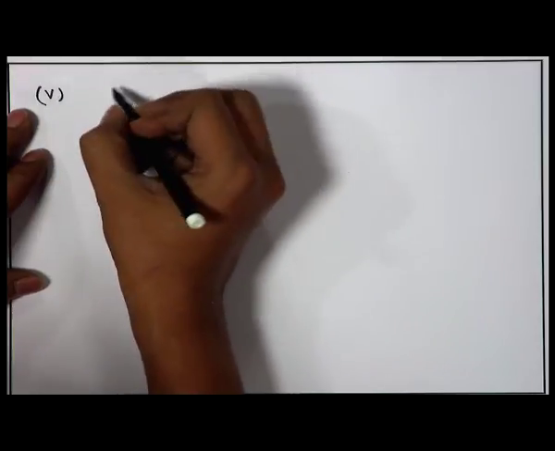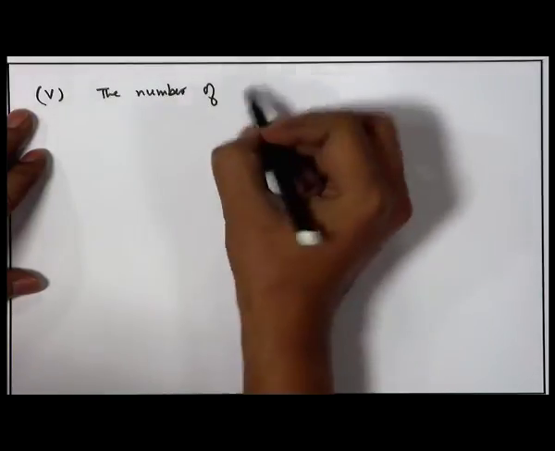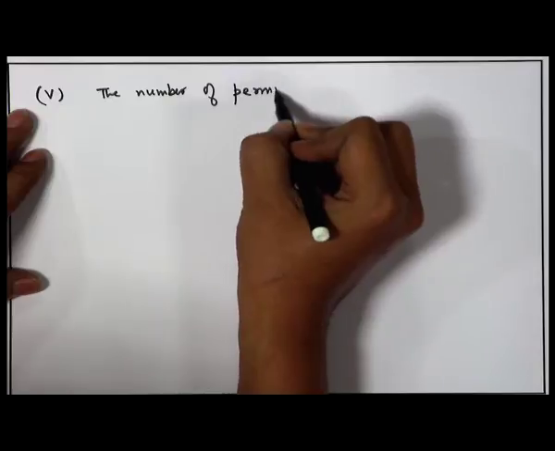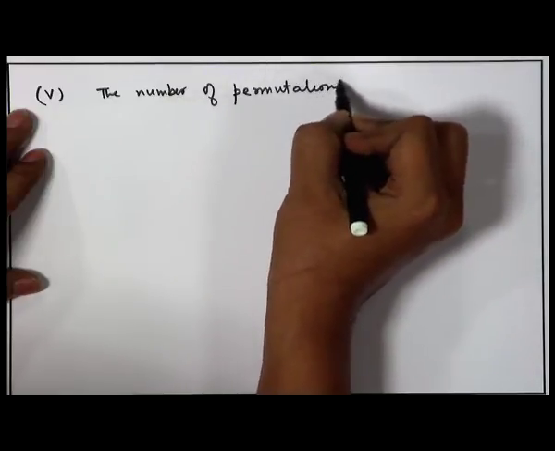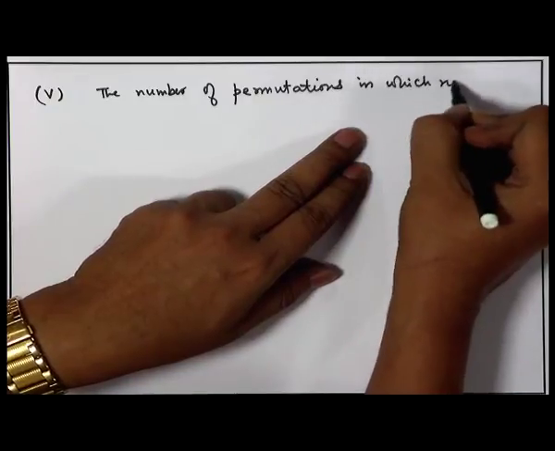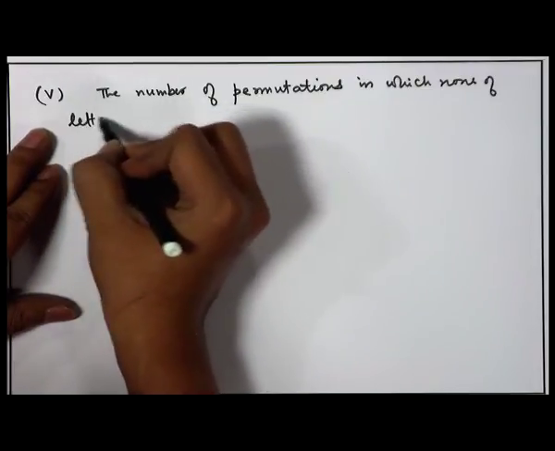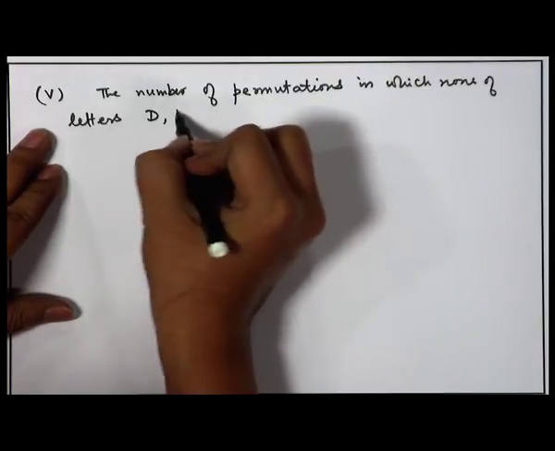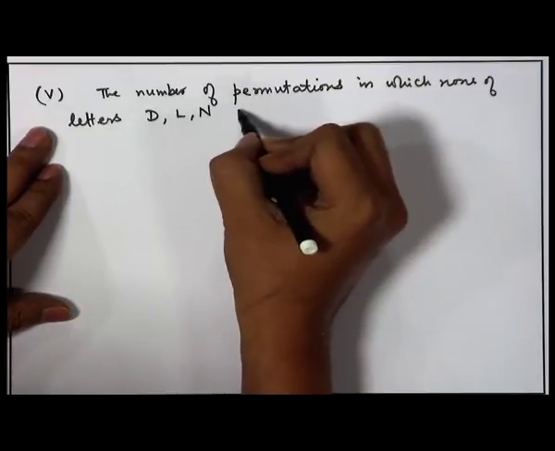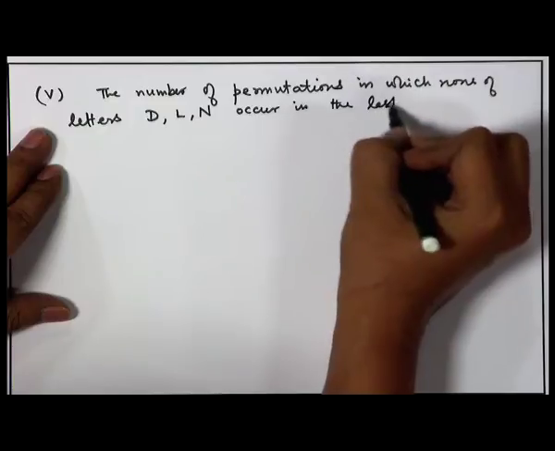Let us look at another variation of it. The number of permutations in which none of the letters D, L and N occur in the last 5 positions.